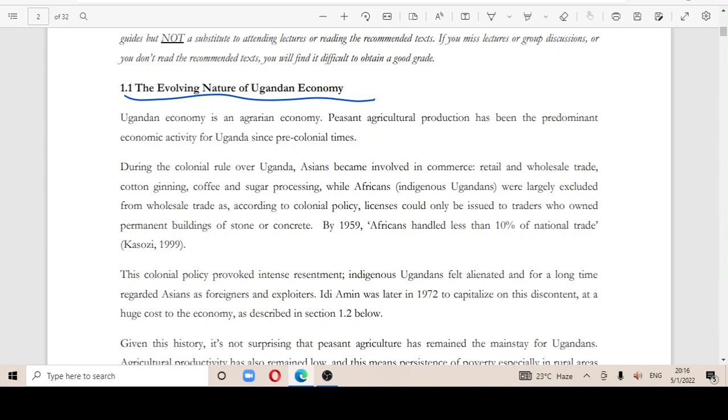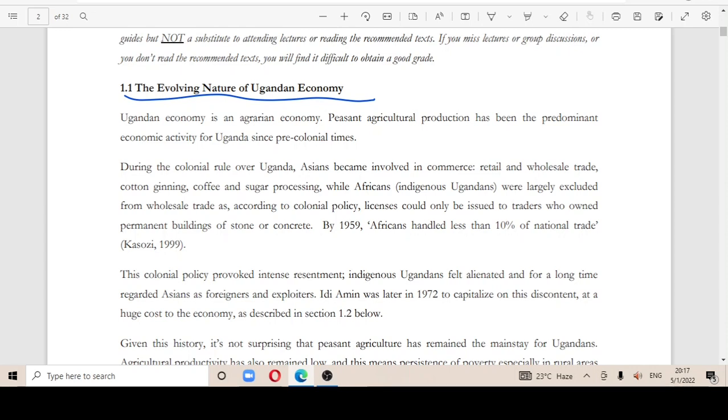Then we are also going to look at the economy at independence, but this can be interchanged. So you can either put the economy at independence as your third point, and then bring in Idi Amin as your fourth point. Then after that we shall be looking at Obote 2, and then lastly we shall be looking at the NRM and its economic recovery program, which is still at present as of 2022.